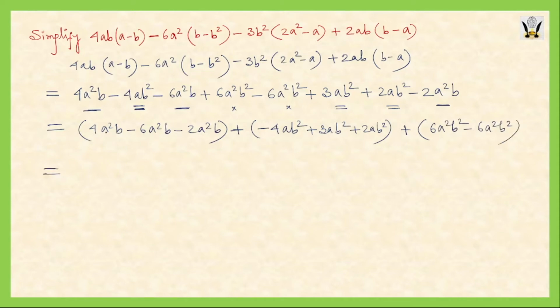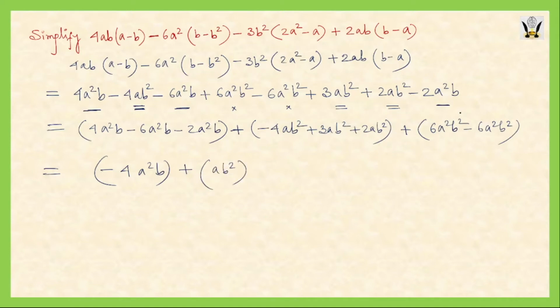Here 4a square b, then minus 6a square b, so 4 minus 6 is minus 2, and then we have another minus 2, so finally it will be minus 4a square b, that is one term. Here it is 3 plus 2 is 5ab square, and here it is minus 4, so plus 5 minus 4 means plus 1 ab square. I am not writing the 1, only ab square.